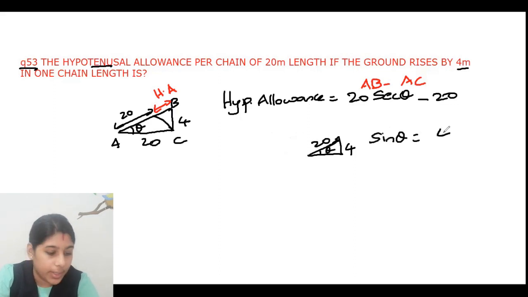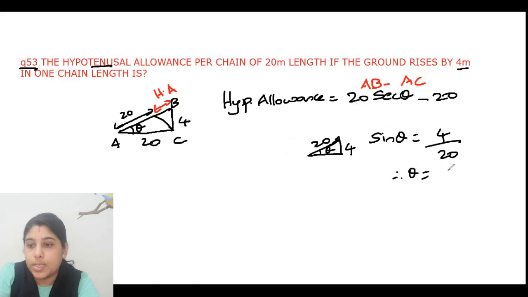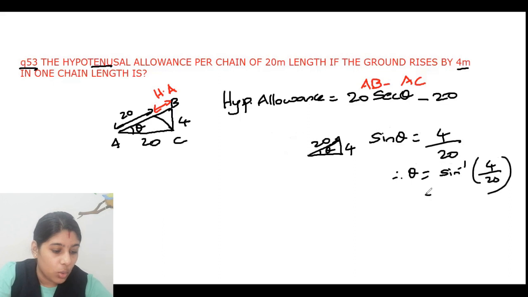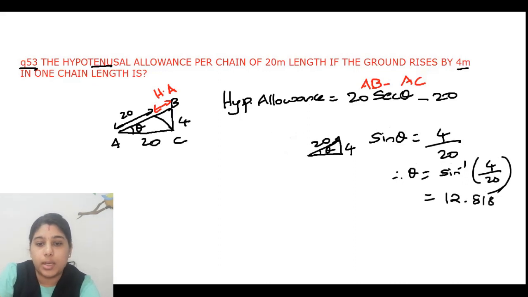So by calculator, theta is sine inverse of 4 by 20. Putting sine inverse of 1 by 5, I get theta as 12.818 degrees.